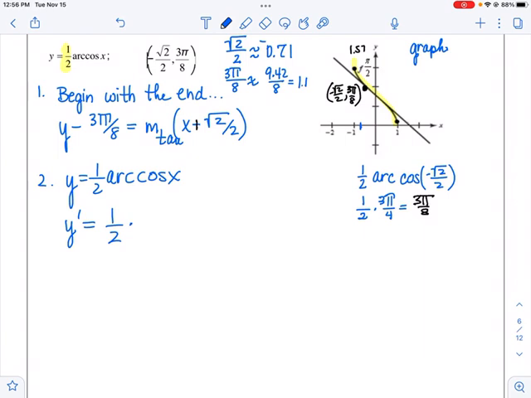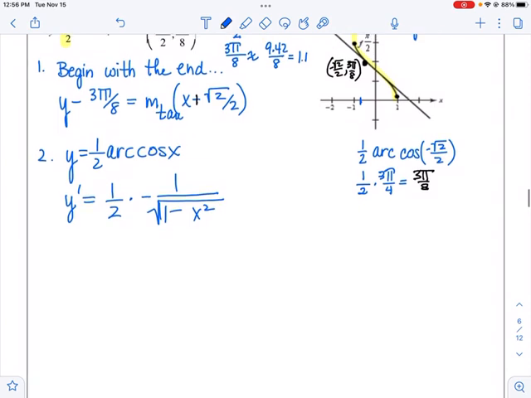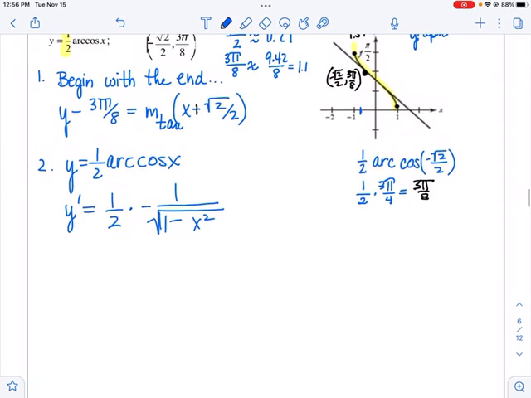It's just going to be times negative 1 over the square root of 1 minus x squared underneath the root. So then all I have to do is simplify this expression. Remember, this is a product, so you've got to watch out with products that you don't do a subtraction problem. So we have y prime equal to negative 1 over 2 times the square root of 1 minus x squared. So there's our derivative.